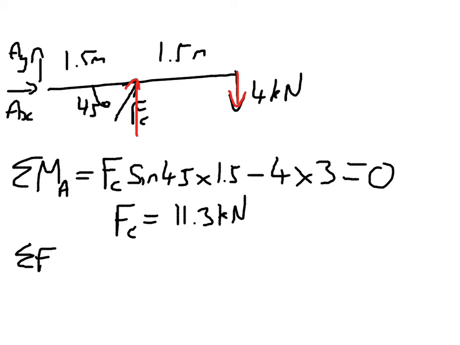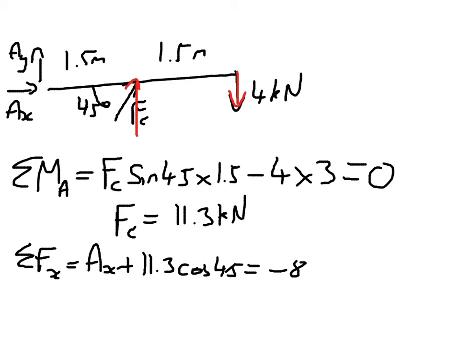I can then put that back in and I can start to do sum of forces in x and y directions. So sum of my forces in the x direction is going to be AX plus 11.3 cos 45, which equals 0. So the assumption for the direction I've labelled AX going in is wrong, but that doesn't matter, we'll still get full marks for that question.